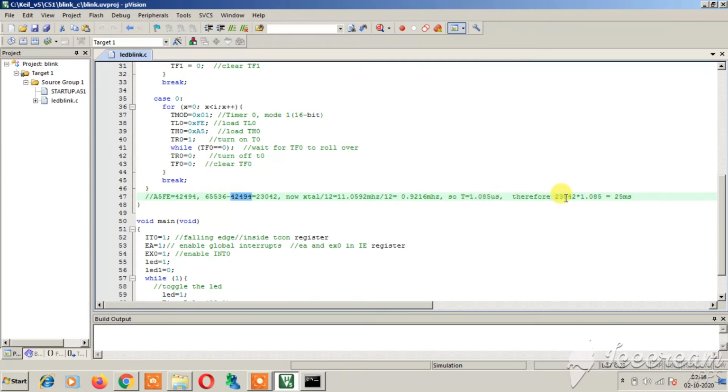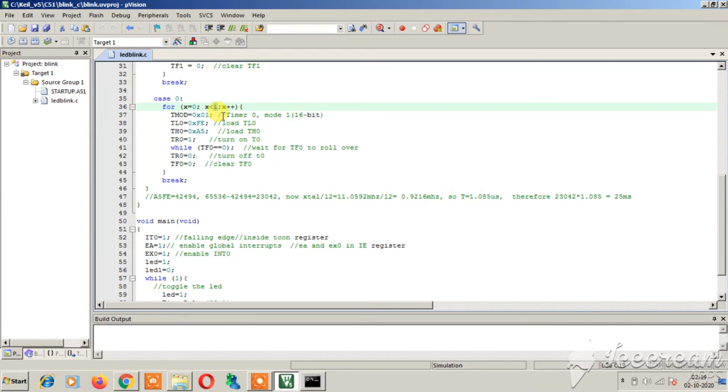Therefore 23042 into this time is equal to 25 milliseconds. So this whole thing will generate just a 25 milliseconds time delay. So if you multiply this 25 into 20, if this I is 20, this loop will run 20 times, and therefore 25 into 20 milliseconds equal to 500 milliseconds, means 0.5 seconds.